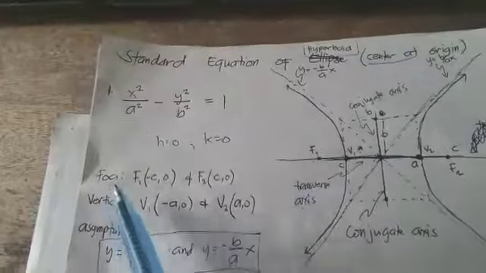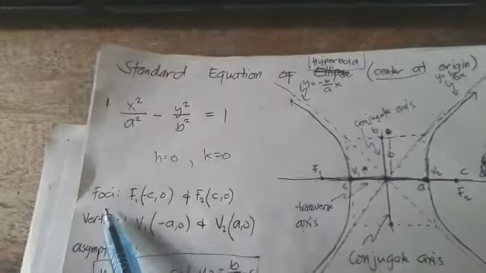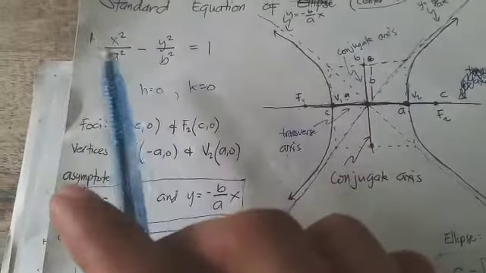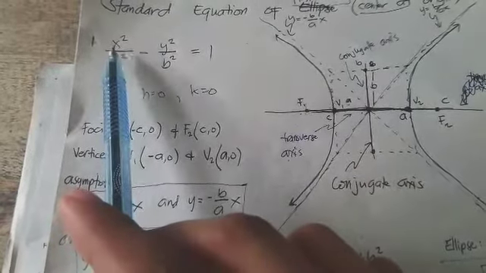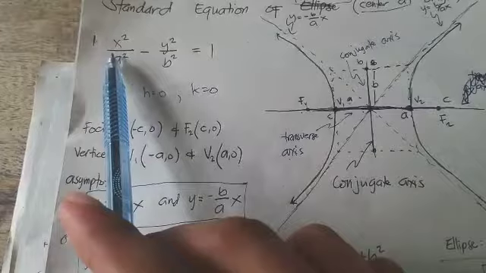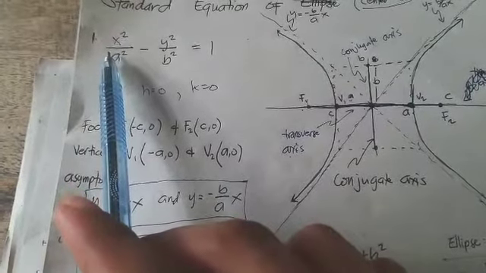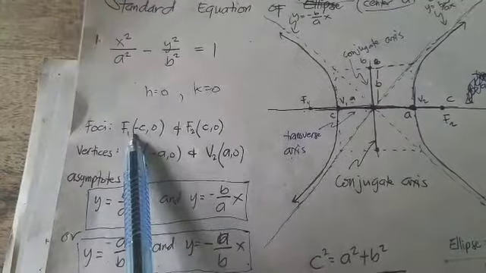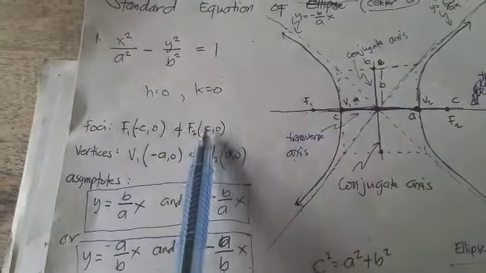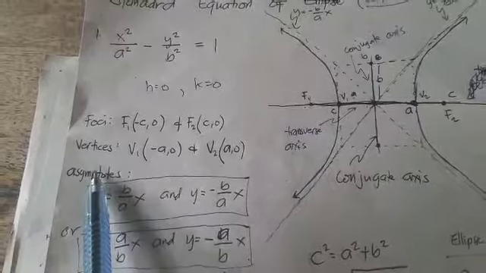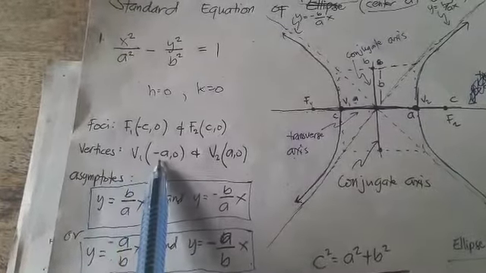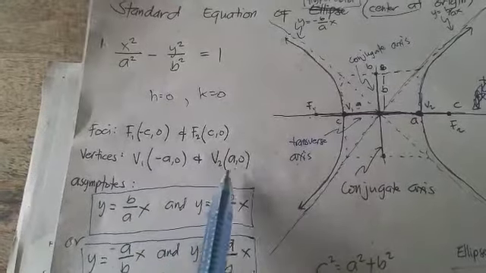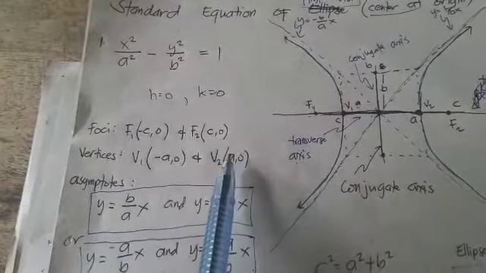For the foci, remember, in our standard form the positive term, or the transverse axis, is along x. It means we put the value of c on x. So we have negative c, 0 and c, 0. The vertices are also along x: negative a, 0 and a, 0.